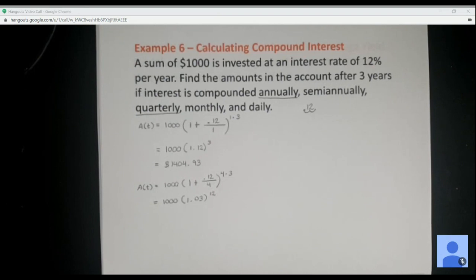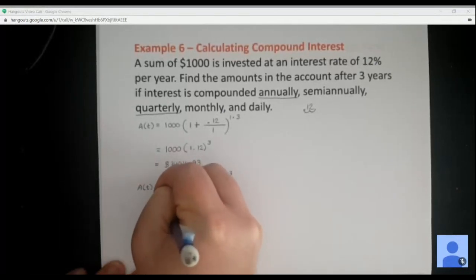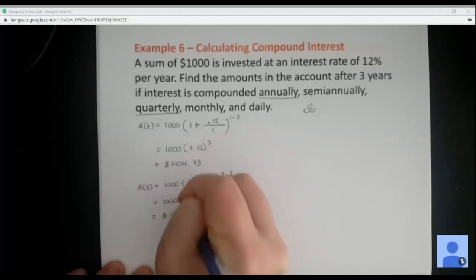So just double check there and make sure, right? It's 1,000, and then we've got 1.03 to the 12th power. And in this case, if you want to, you could always do the 1.03 to the 12th first and then multiply that by 1,000 just to be safe. Make sure it's doing the exponent first. But it should come out to $1,425.76.